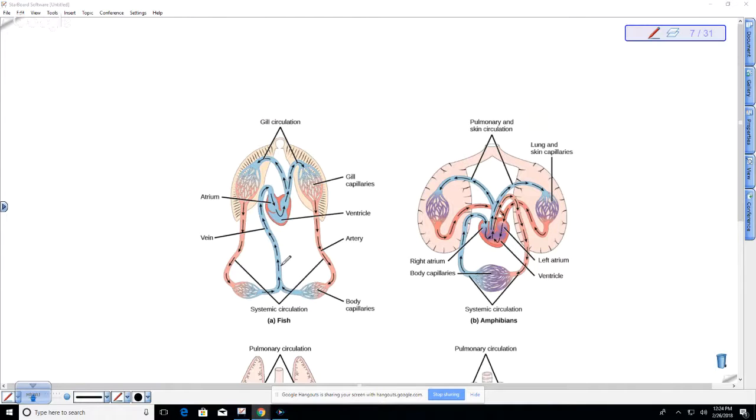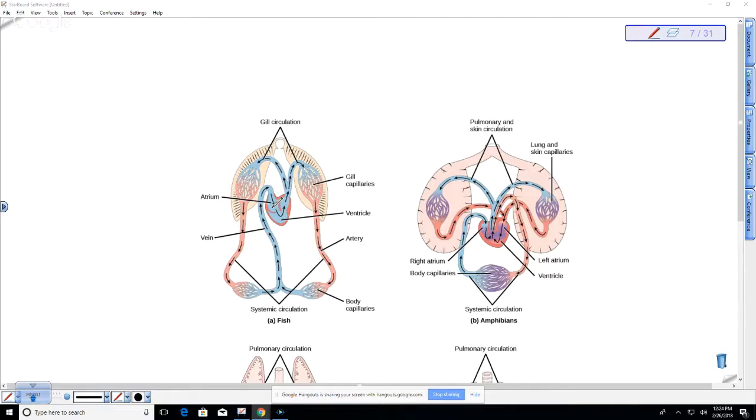And then eventually it has to get back up and back to the heart, where the heart, when it pumps it out, boosts the blood pressure. So you can say the double circuit circulation, the advantage is that it keeps the blood pressure high. So it boosts the blood pressure before the blood goes out to the capillaries in the body. Okay.